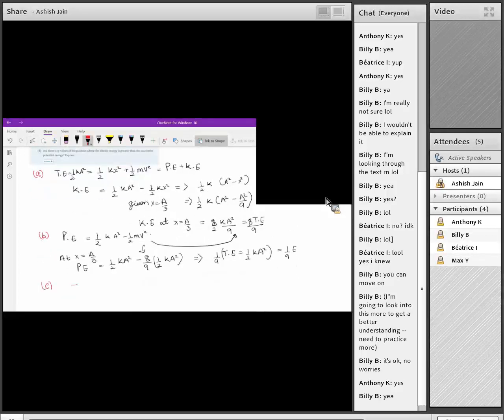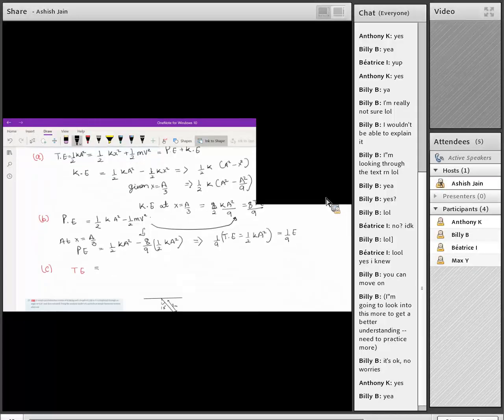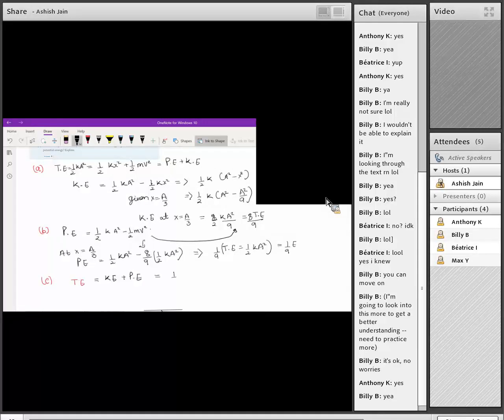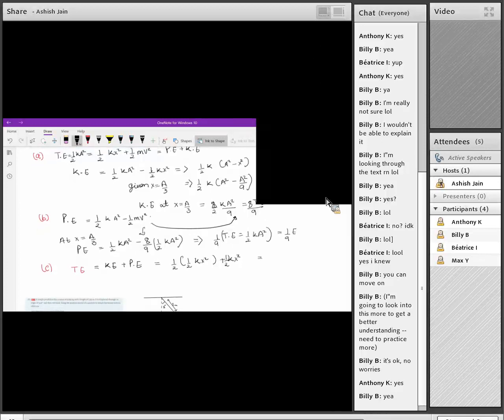So total energy is KE plus PE. Using the condition given, that is half of half kx square plus half kx square, that is 3 by 2 half kx square.